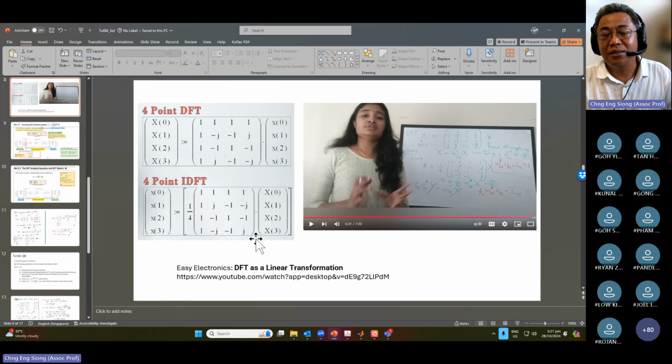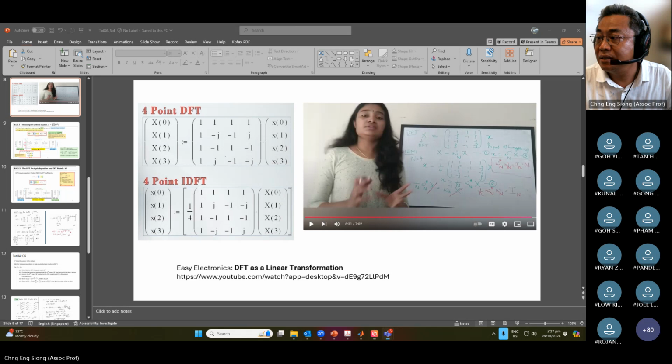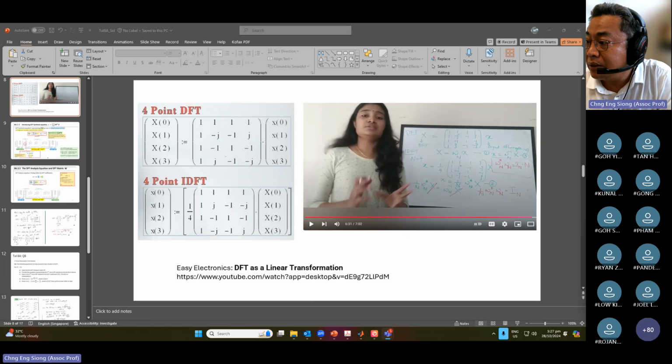That's the shortcut. If the elements are mostly zero, we are interested in only the corresponding columns. That's the other shortcut. If I'm giving you N equals 16, never draw this W matrix or WH matrix. Impossible.